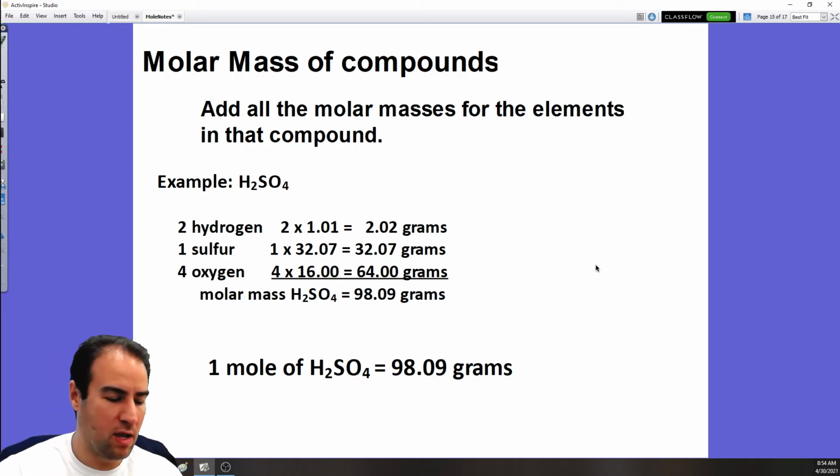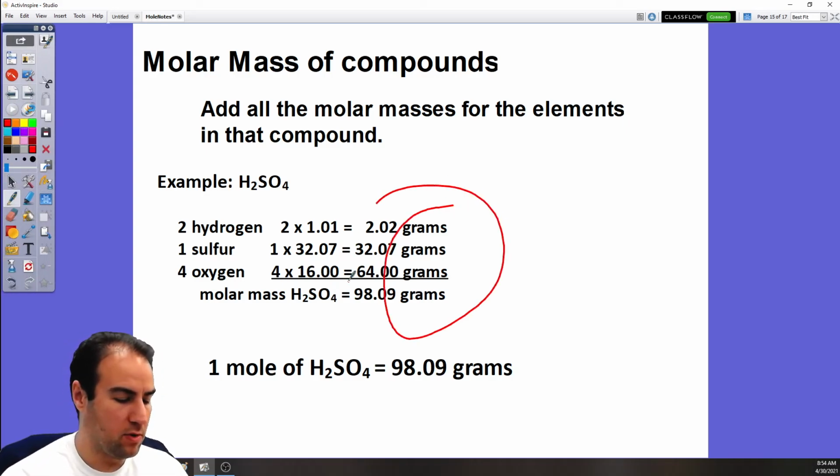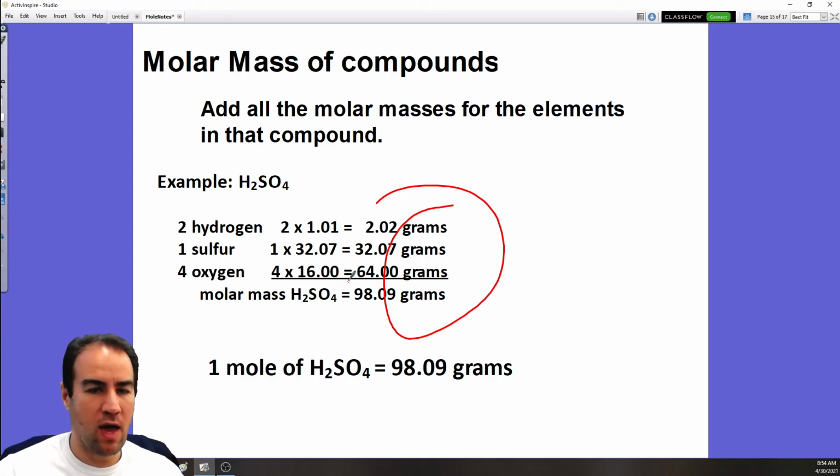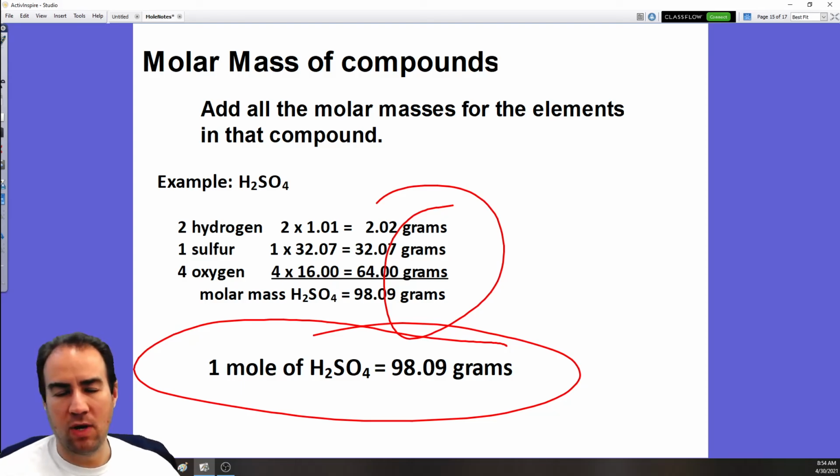If you just change the AMUs to grams, add them all together, you have 1 mole of sulfuric acid. So once again, much easier than calculating 6.022 times 10 to the 23rd molecules of sulfuric acid. Now we just have to get a scale, measure out 98.09 grams of that substance, and we now have 1 mole. I hope that helps.